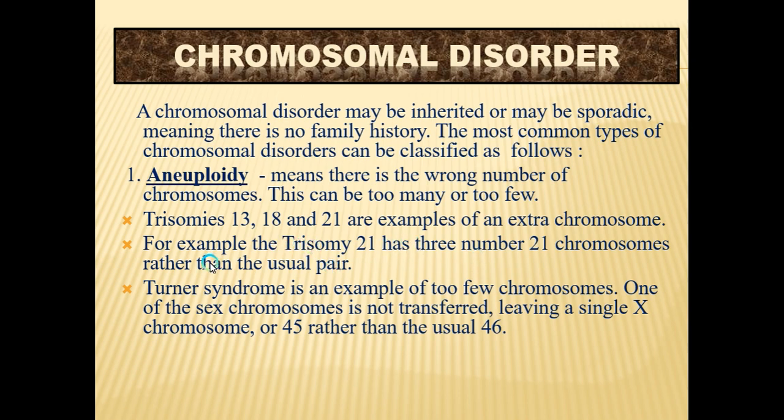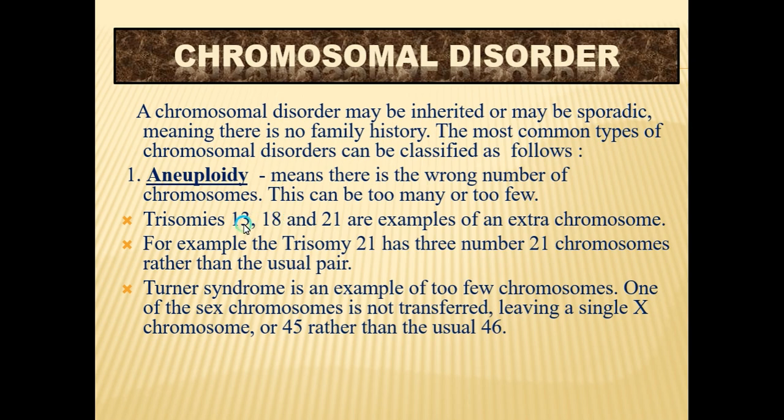Next, Turner syndrome is another example where there is a lesser number of chromosomes. Instead of 46, it is 45. One of the chromosomes is not transferred, leaving a single X chromosome. So instead of double X, it is single X. I think aneuploidy is clear. Aneuploidy means a wrong number: either the chromosomes are more or less.